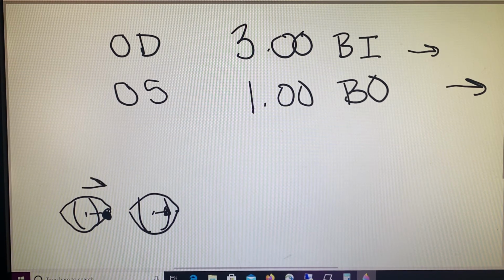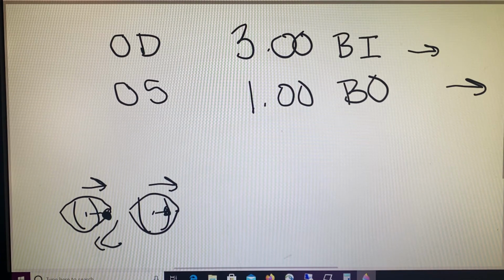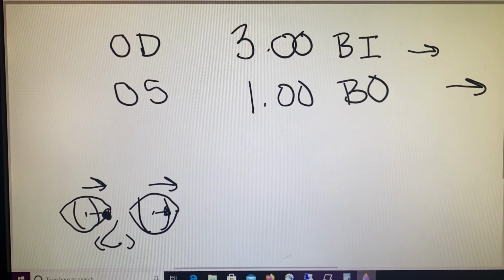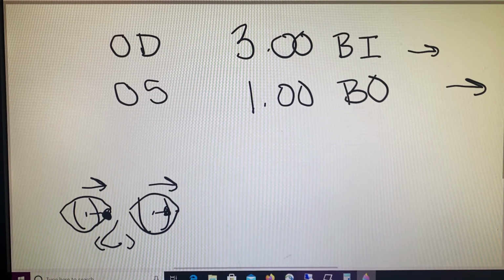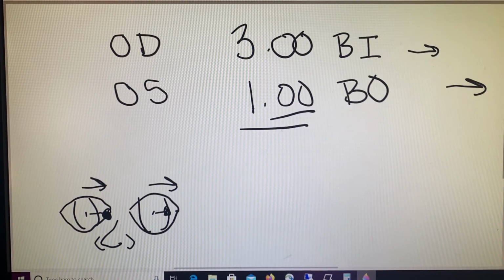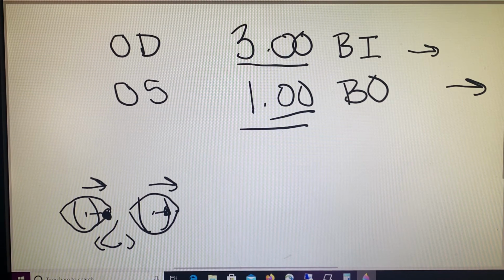Again, we've moved in and out, and we have created a situation that is partially canceling. So our 1 diopter of base out prism in the left eye does partially cancel out our 3 diopters of base in the right, but not completely.